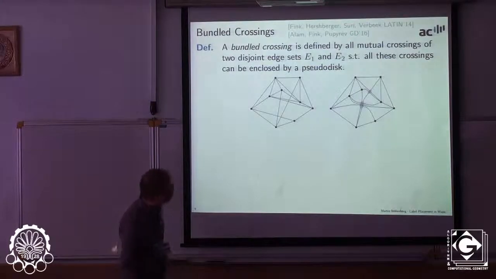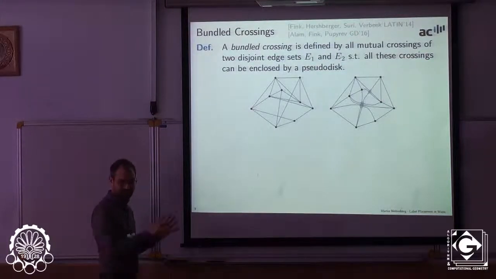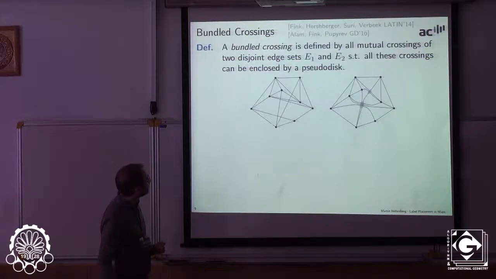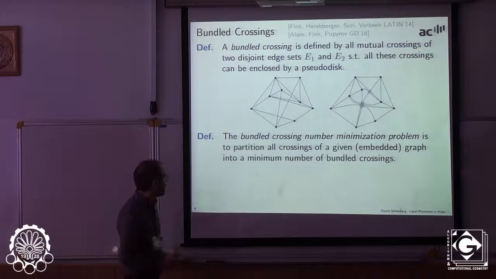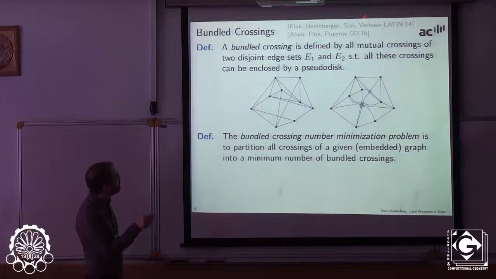Yeah. And the final idea is to look at bundled crossings, where we try to group mutual crossings of two disjoint edge sets E1 and E2, such that we can enclose all of those crossings somehow in a pseudo-disk, so we can kind of group them together locally. So they studied in these two papers in 2014 and 16 kind of this bundled crossing number problem.